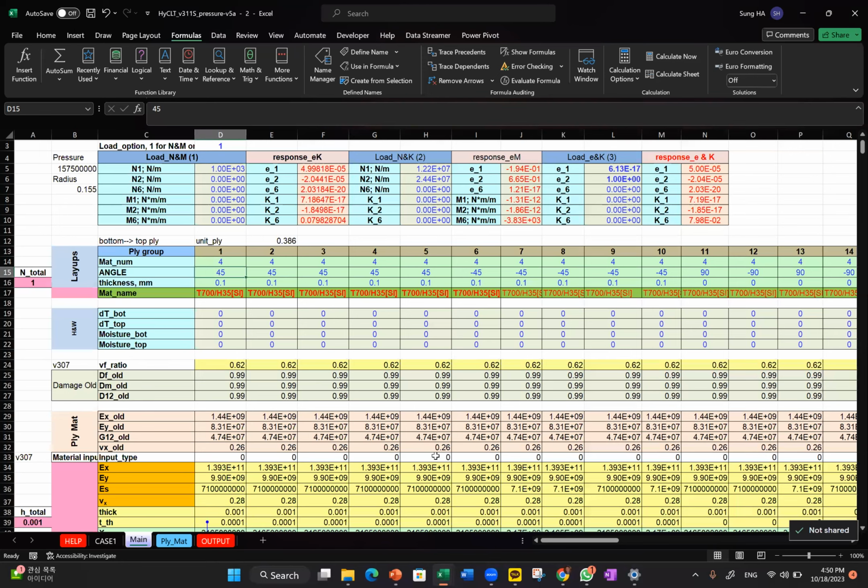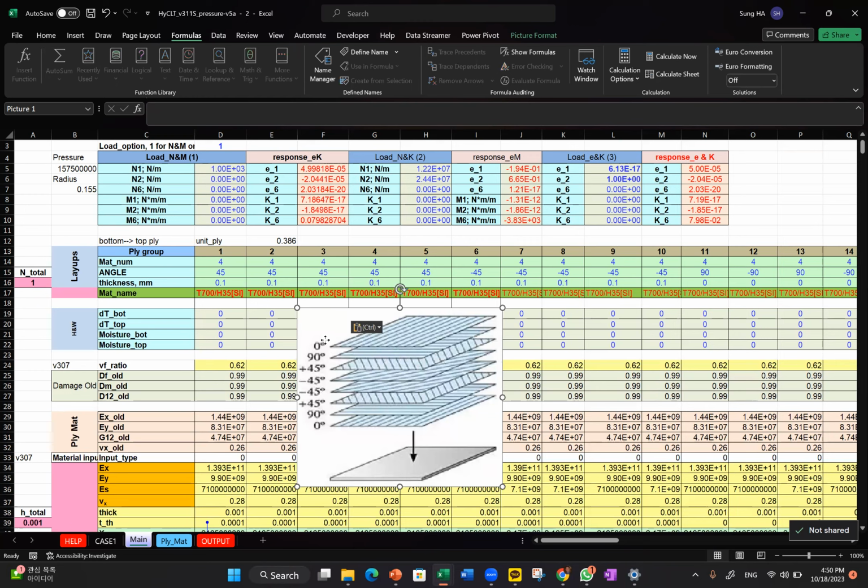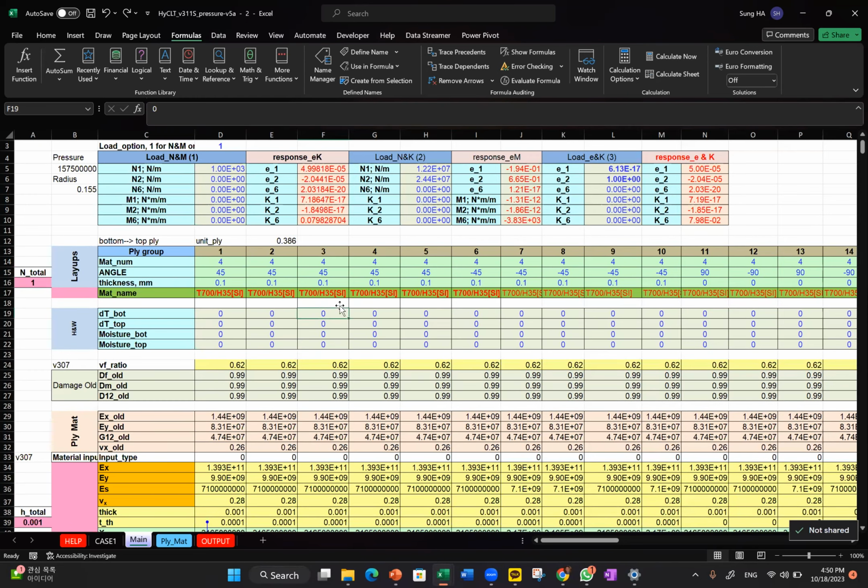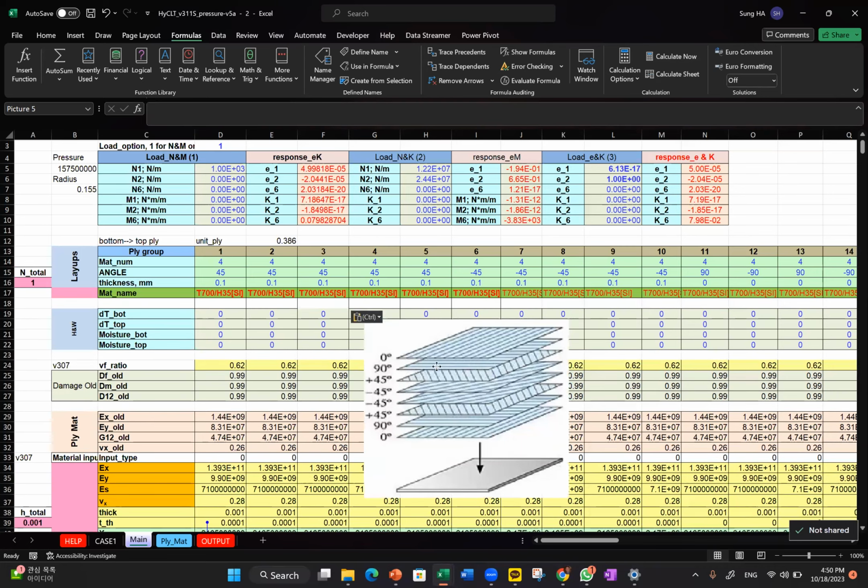How will you do that? Well, we just add this much of the layup. All you need to do is just enter from the bottom: 0, 0, 0, and then a second, 90, 45, minus 45, and minus 45.